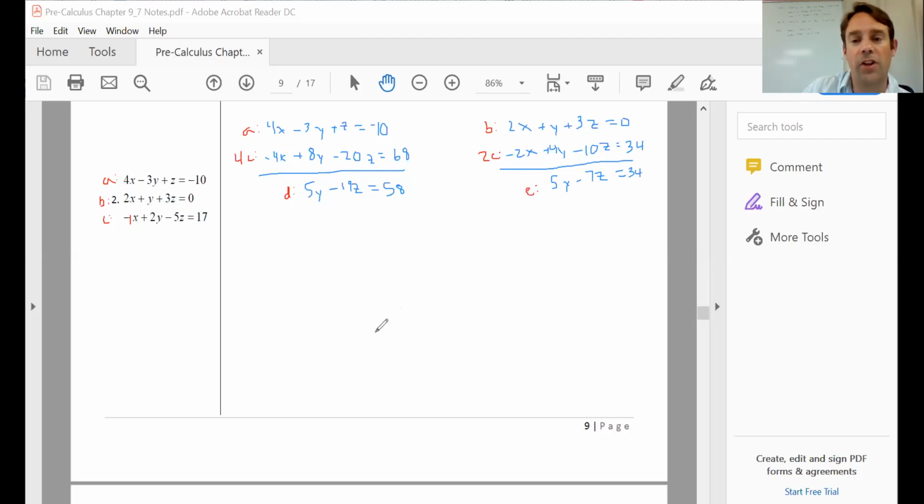So I have my D equation, I have my E equation. When I combine those, I think I can make my y value go away pretty quickly. So let's take my D equation, and I'm going to multiply my E by negative 1. So 5y minus 19z equals 58.